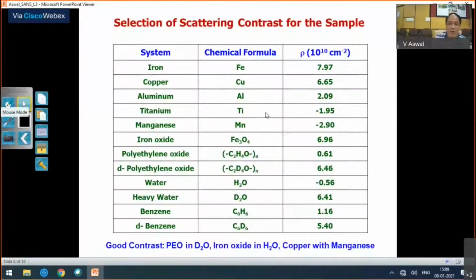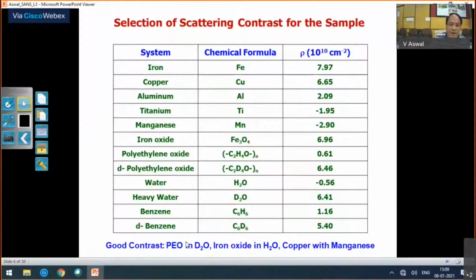And the next important thing is you should know what the right contrast is for your sample when you want to do small angle neutron scattering. And this is what I had shown also yesterday, or in the last lecture: the scattering length density for some of the materials, and this is the calculated scattering length density.